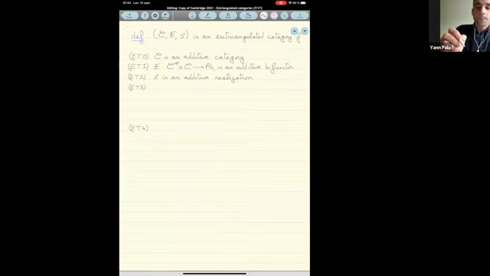So the ET3 says that, yes, it's inspired from the case of triangulated categories, and it says that if you are given two X triangles, X, Y, Z, delta, X prime, Y prime, Z prime, delta prime, and a commutative square UV, then this can be completed to a morphism of X triangles.